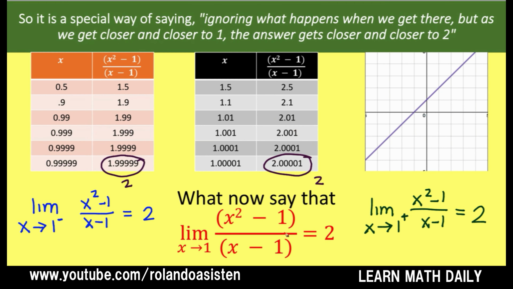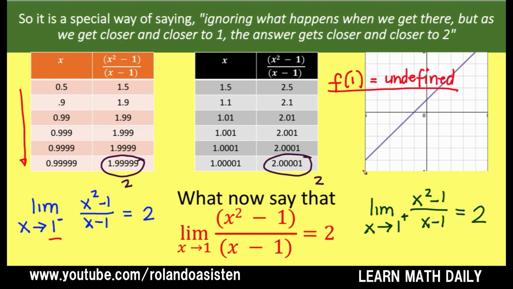Another important thing for you to consider here is that the value of the function at x equals 1, that is at f of 1, was computed as undefined in our previous computation. So even if at x equals 1, the function is undefined, we are not interested in the exact value of the function at f of 1. We are only interested in the value of y as x approaches that value of x.